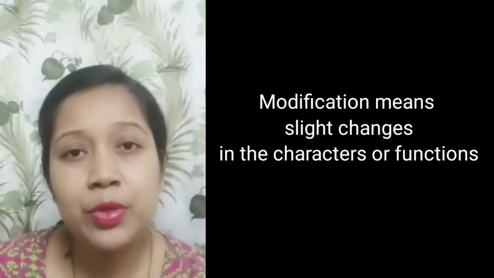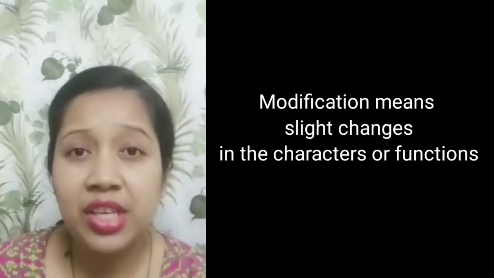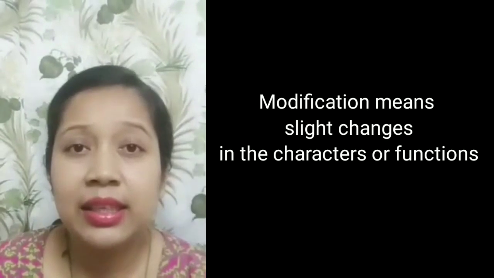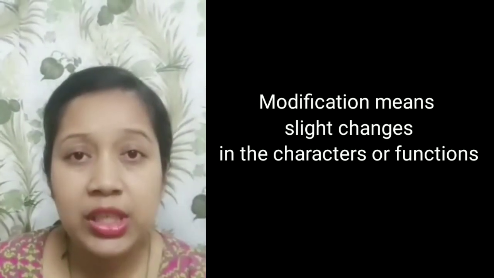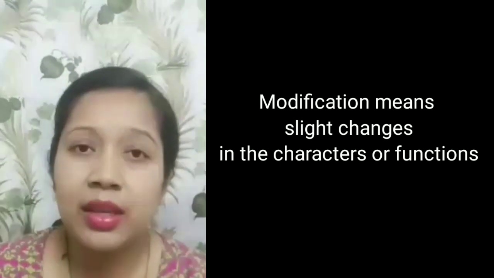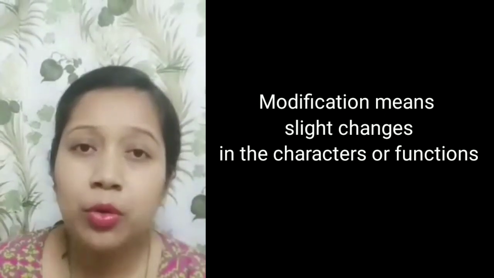Modification, in very simple words, means the slight changes that a particular body possesses. In the case of the root system also there are slight changes, and these slight changes are called the modification of roots. And in that there are several types of modifications, as for example the modification of taproot.